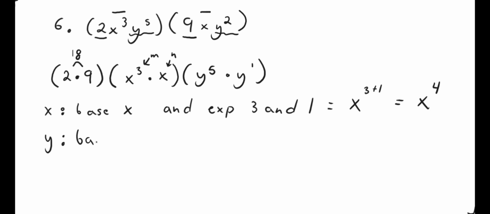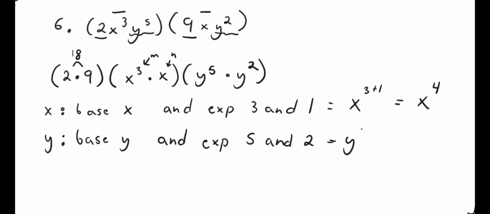Now, for our y, obviously the y is going to be the base. And our wonderful exponents are going to be a 5 and, oh, I miswrote that, y and 2. So that means it's going to be y to the power of 5 plus 2, which is going to equal 7. And let's combine this all together.